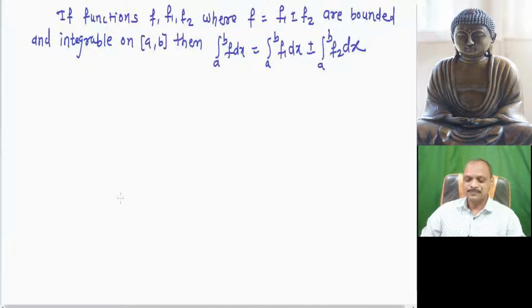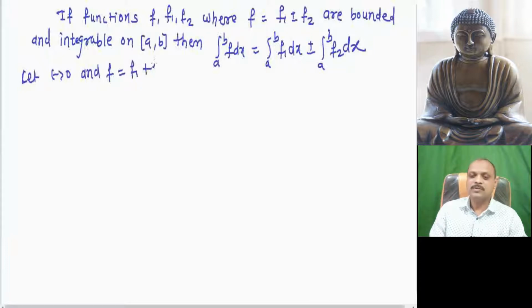So let epsilon be greater than 0 and suppose that f equals f1 plus f2. Then by definition, what is given?